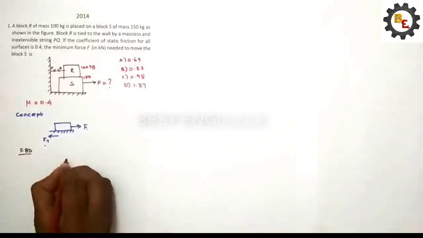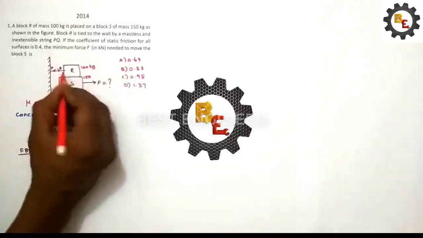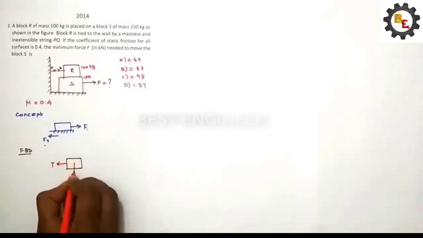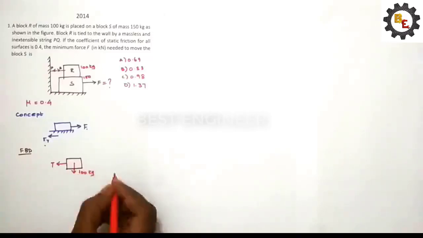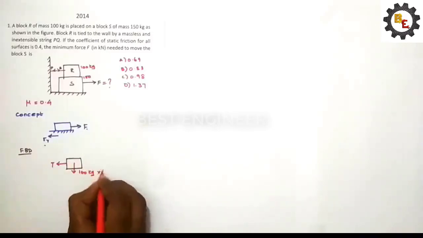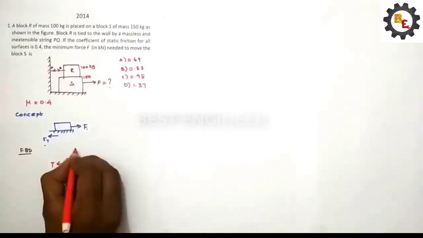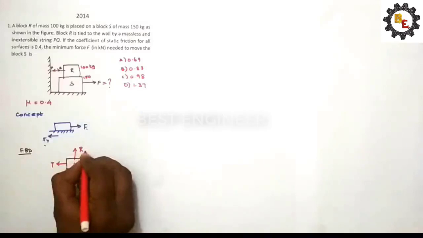Let us draw the free body diagram for this system. Free body diagram for block R. This block is tied to the wall, so the tension in the string will act here, and the weight of the object will act downward, that is mass 100 kg into G. Here the reaction force R will act against the surface, so the friction force will act here.